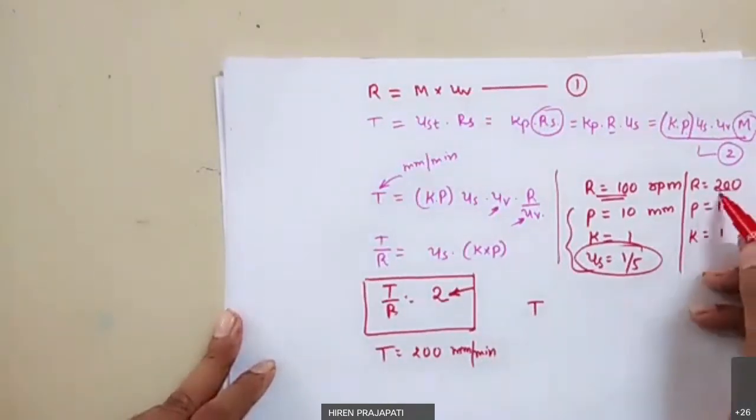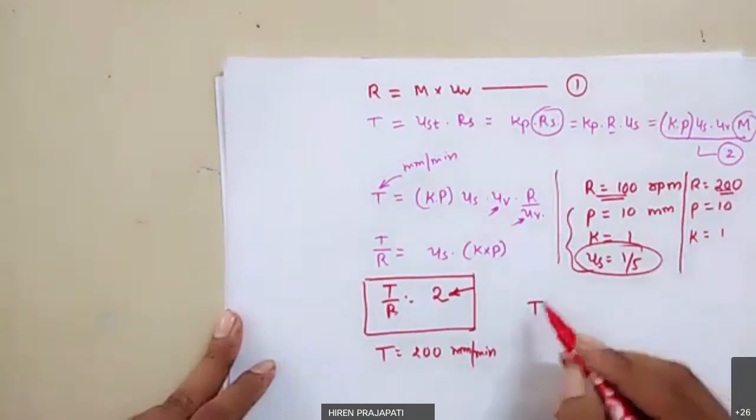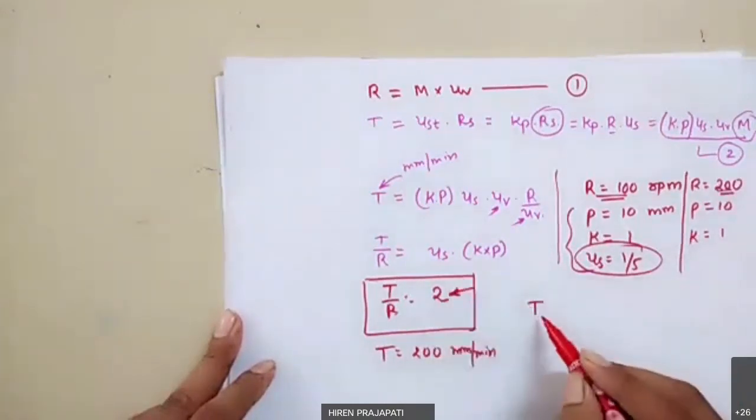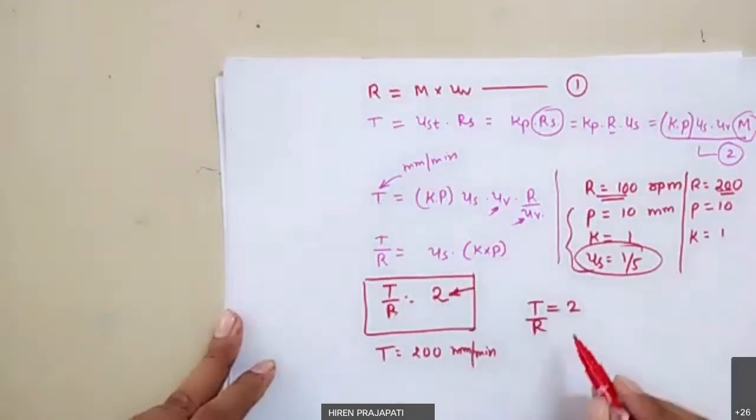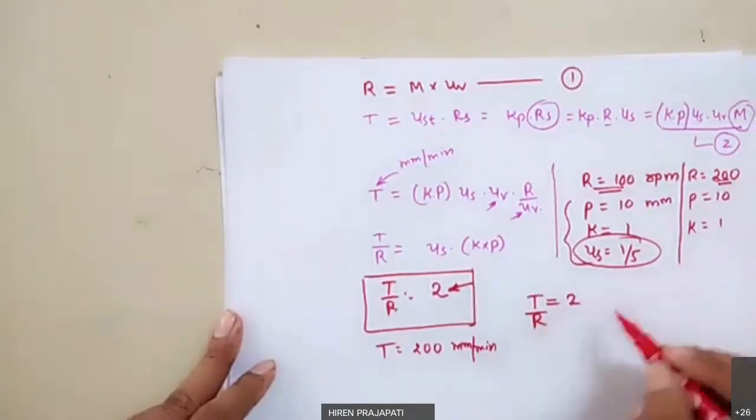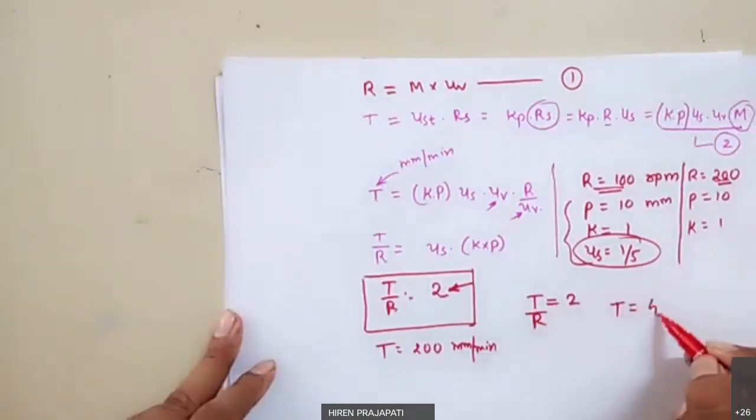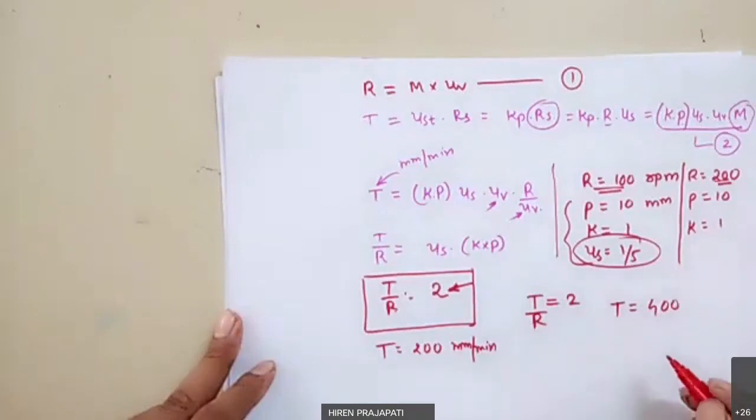But now for this case, if you find T by R, then T by R is set as 2. If 1.5 is set, then for 200, this T becomes 400, right?